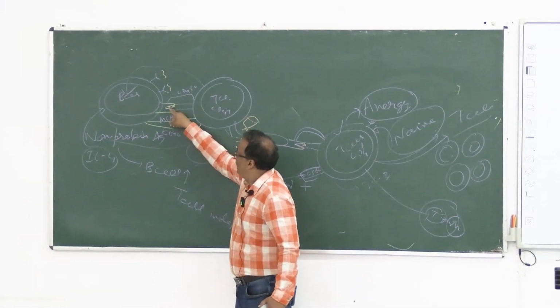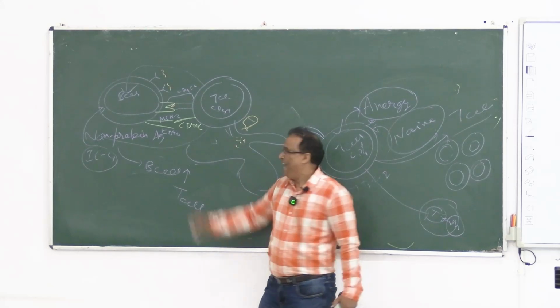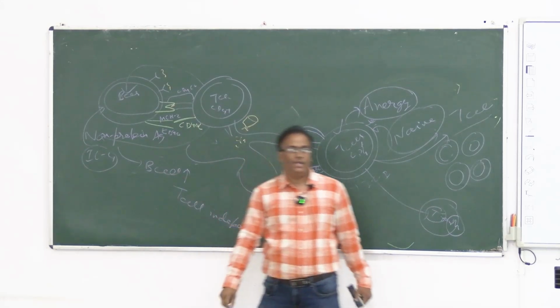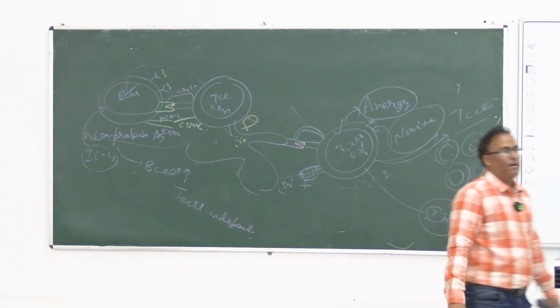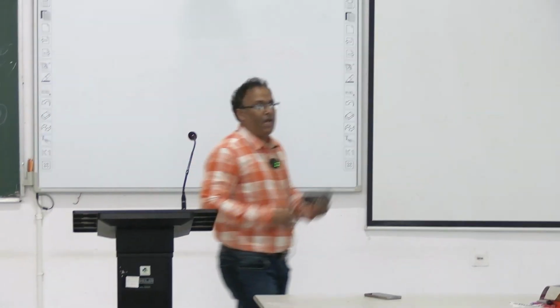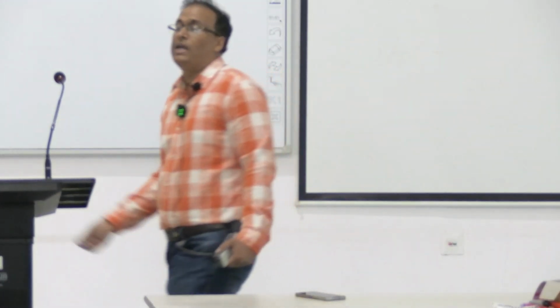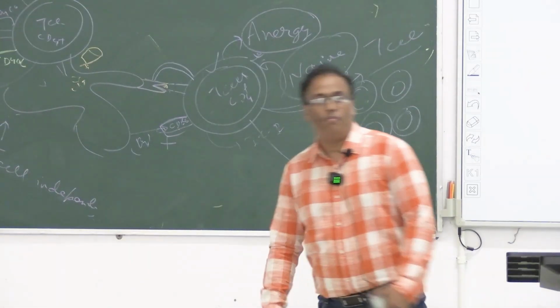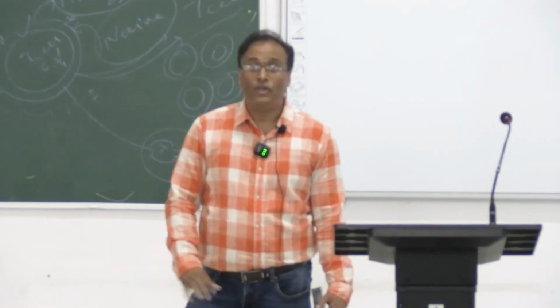It is binding with the MHC2 and then CD40 ligand in the T cell and CD40 in the B cell interactions cause the activation. Not only that, the activated T helper cell produces lots of interleukin 4 and it communicates with the B cell, activates B cell, proliferation, differentiation, plasma cells as well as in some cases memory cells. Understood? Finish.